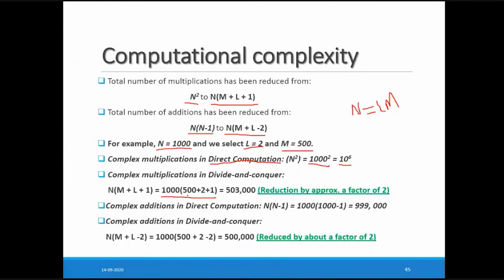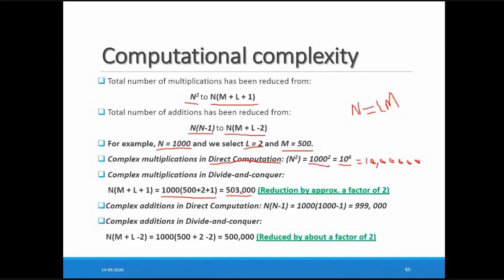When you multiply this, your answer is 5 lakh 3000. Approximately 10 raised to 6 means 10 lakh calculations, but here you are getting 5 lakh 3000.